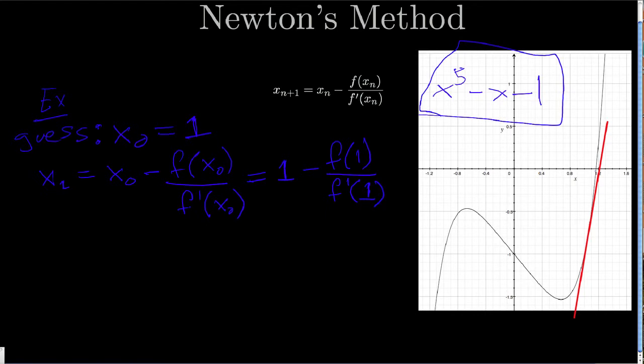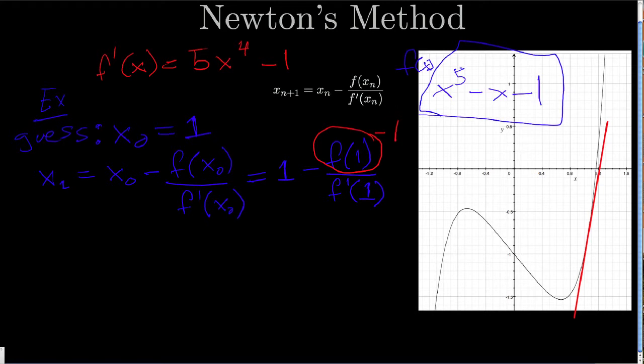Okay, so to actually do this, well, this is our function, so we need to find the derivative. So f prime of x is equal to 5x to the 4th minus 1. Then f of 1, if I plug 1 in, I would get negative 1.